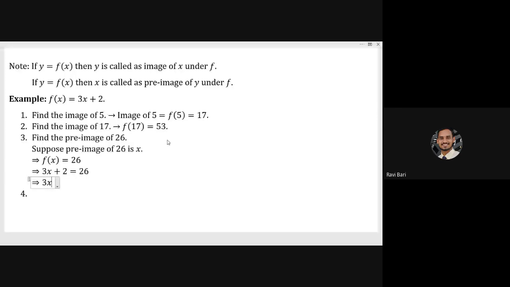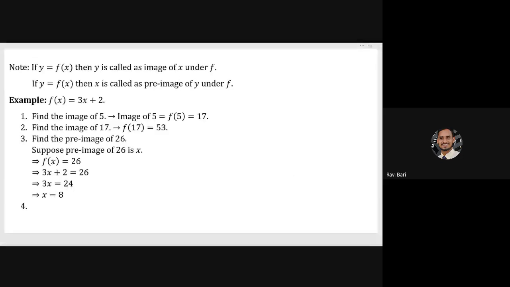This implies x is equal to 8. The pre-image of 26 is 8. Now find the image of 8. Everyone, find the image of 8.